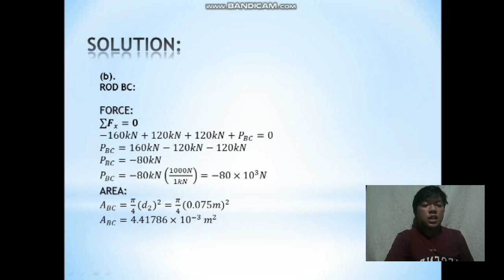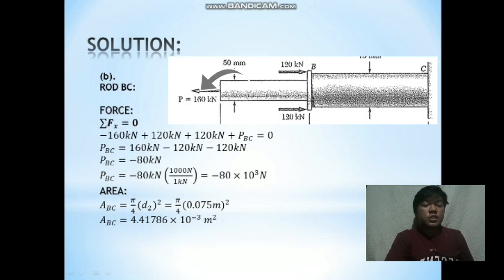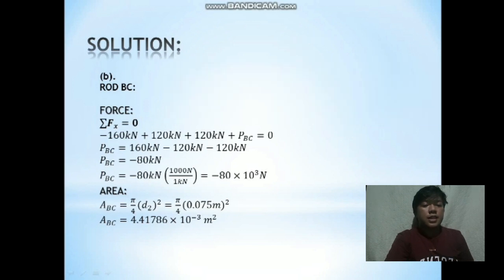So we have 160 kilonewton, negative 160 kilonewton, plus 120 kilonewton, plus 120 kilonewton, plus PBC, which is equal to 0. So the PBC here is negative 80 kilonewton. And then I converted it again into Newton, so I have negative 80,000 Newton.